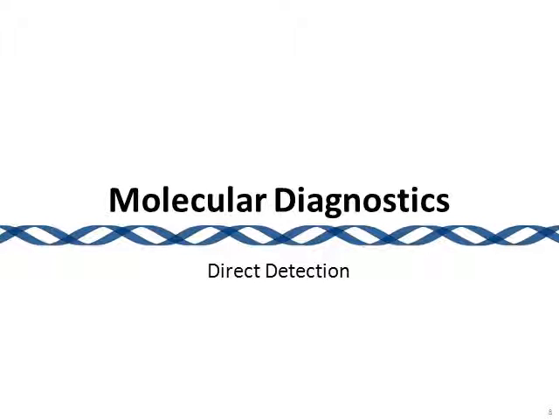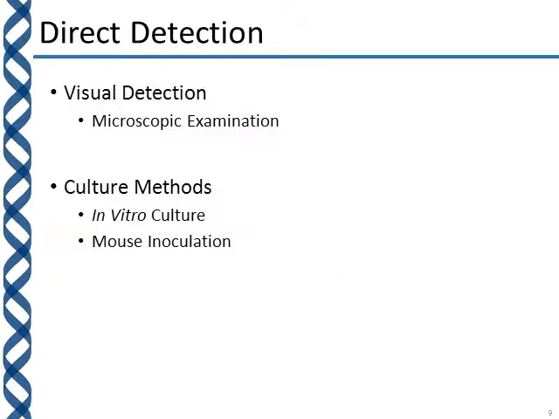So let's talk about the direct detection. Well, the two main categories of direct detection are visual detection, which would be microscopic evaluation, or culture methods. This could be an in vitro culture or a mouse inoculation.